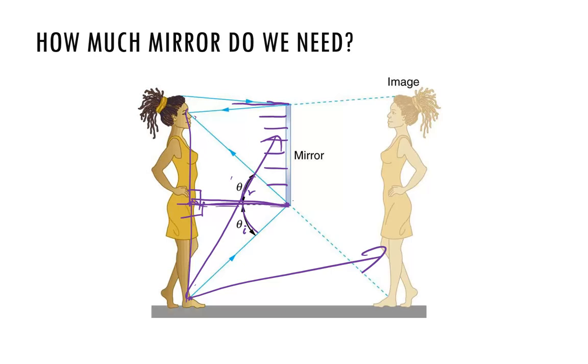So she has to look down to halfway between her eyeballs and her feet to see her feet. A full body mirror only has to be half of your body height. The bottom of the mirror should be halfway between your eyeballs and the floor, and the top of the mirror halfway between your eyeballs and the top of your head.